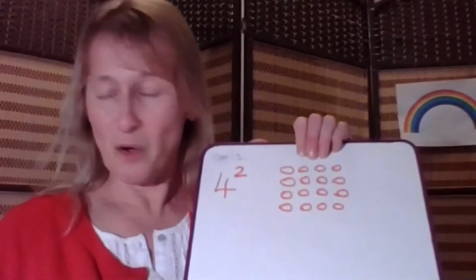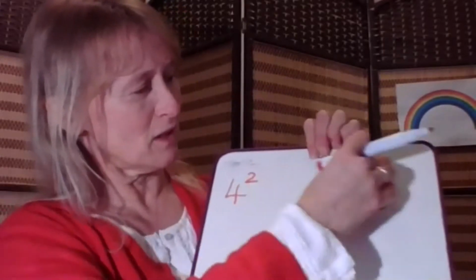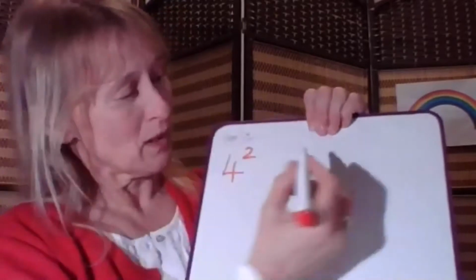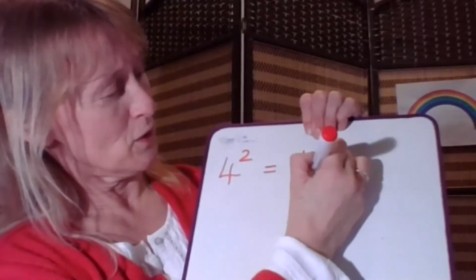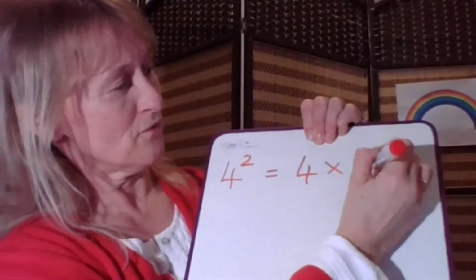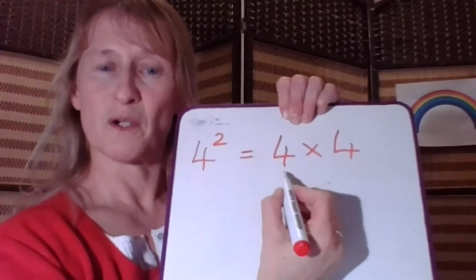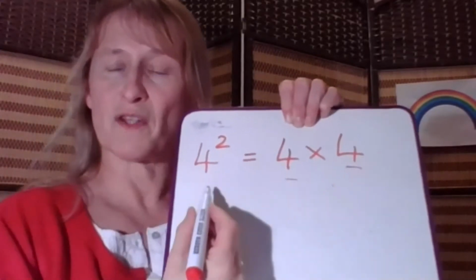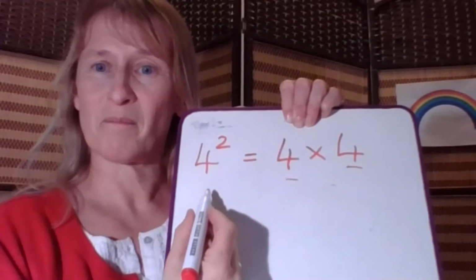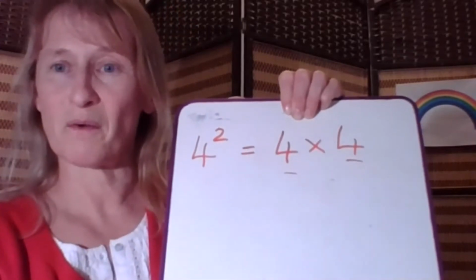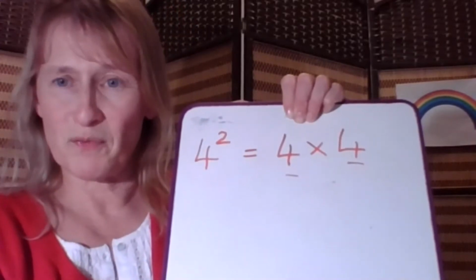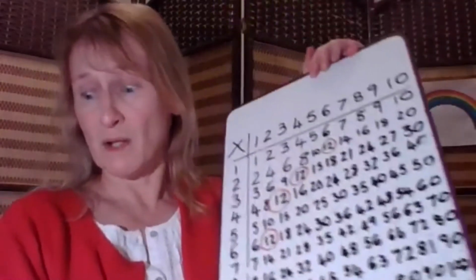Or if it's easier to think about, and it probably is, it's 4 times 4. So we've got 2 of the number multiplied together. So that's why you've got the 2 there. If you don't know 4 times 4, pop over and have a look.